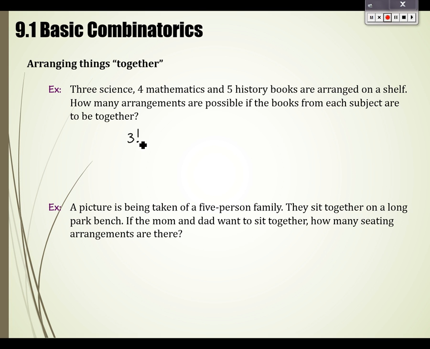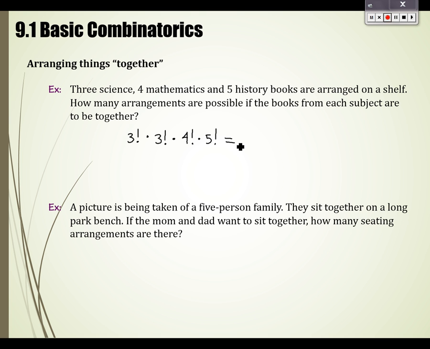Now I'm over in the science section, and what do I have to do with my 3 science books? I have to arrange those. 3 factorial ways to do that after already having made the other decision. And then likewise for the math books, 4 factorial, times 5 factorial for the history books. And that equals something, you can figure it out.